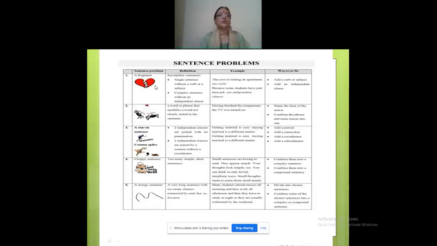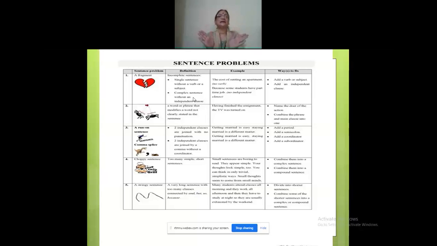Can you see my screen? Although the font is a little small, I'm sure if you look closely, you will be able to read what is there. These are the different kinds of problems in sentence construction. The first problem is that the sentence is incomplete.